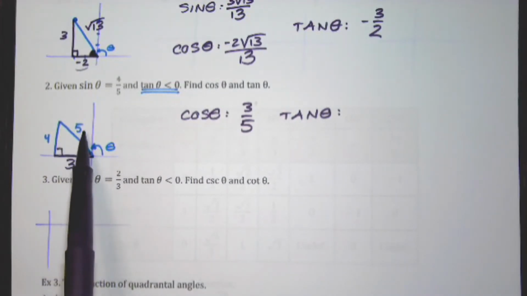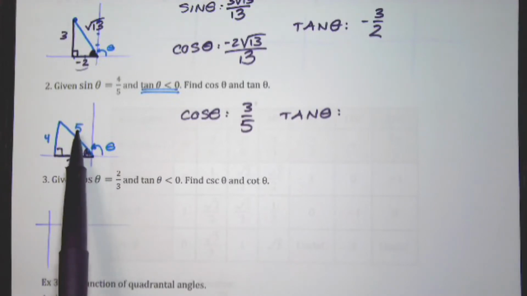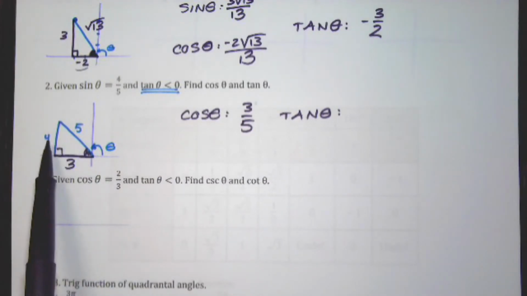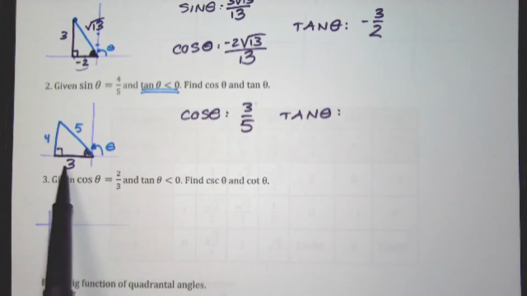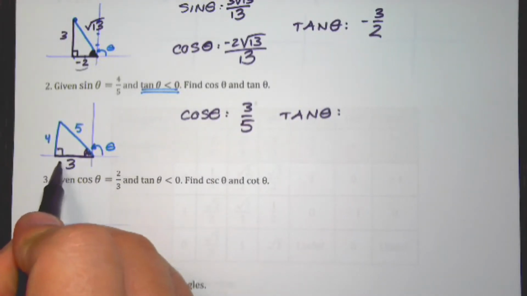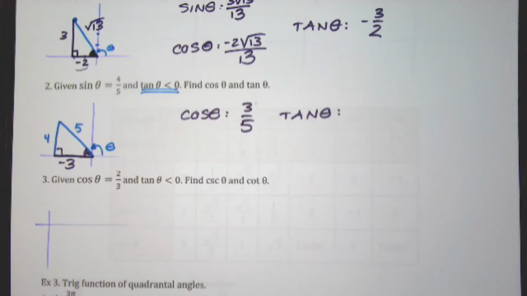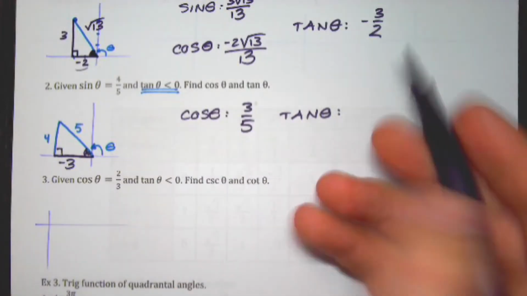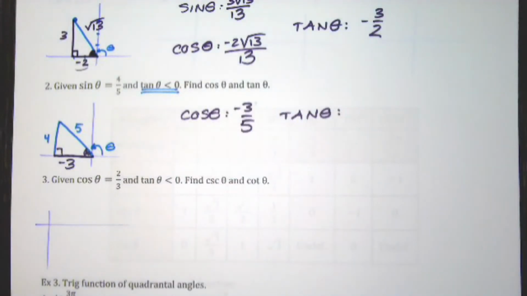Although when I do Pythagorean theorem here, square root of 25 minus 16, that's square root of 9, which is 3, this was in quadrant 2, so this 3 needs to be negative. So that's kind of the real kicker here when we combine all these methods together, is making sure our signs are correct regardless of that Pythagorean theorem. So that doesn't make this 3/5 for cosine, it makes it negative 3/5.